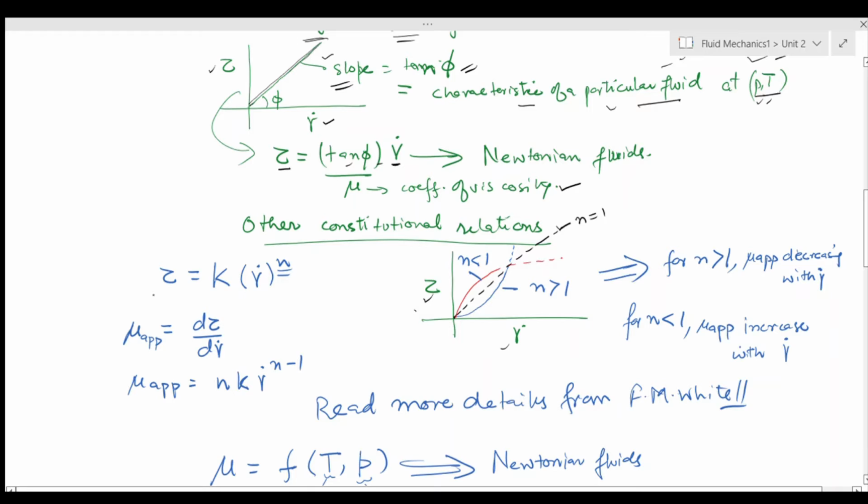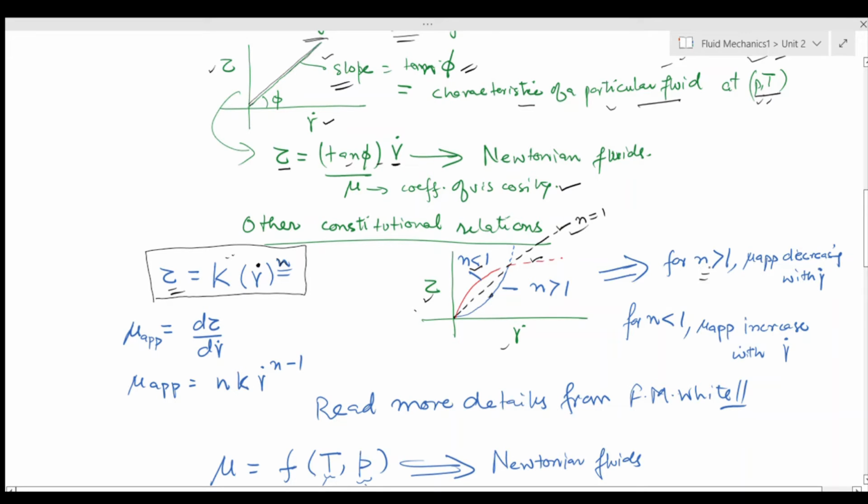A general relationship between stress and strain rate would be that tau is equal to k times gamma dot to the power n, where k is a coefficient of viscosity. This n could be equal to 1, and that would be the case for Newtonian fluids. This n could be less than 1, denoted by the red curve here, or it could be greater than 1, shown by the blue curve.